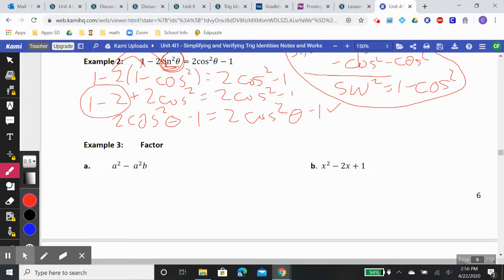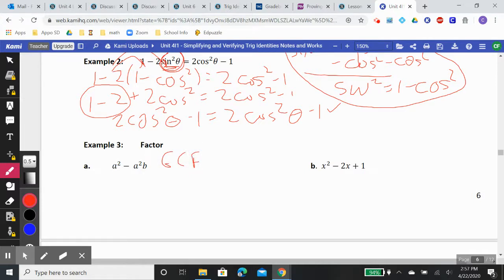So our algebra skills, again, are very, very important. Everything we do in algebra, we can do for trig, as far as all of our properties and factoring and multiplying. If I look at letter A, I have 2 terms: a squared minus a squared b squared. The most common type of factoring is to always use GCF. You always want to check GCF first.